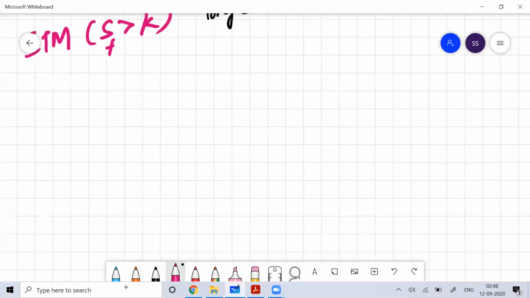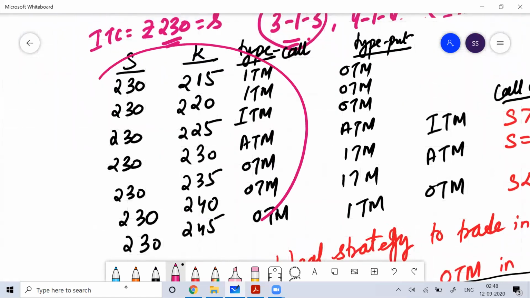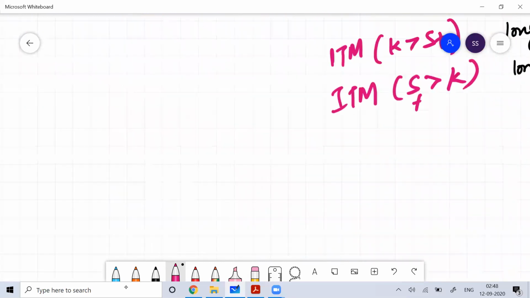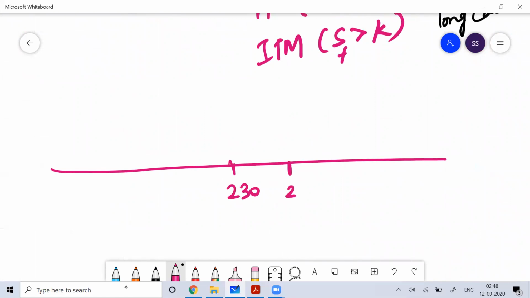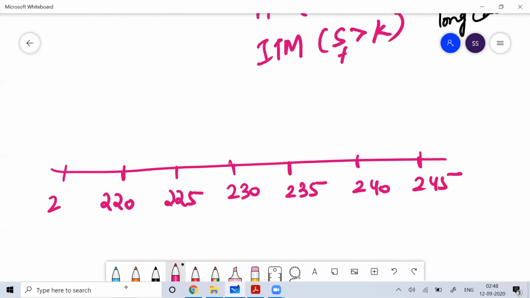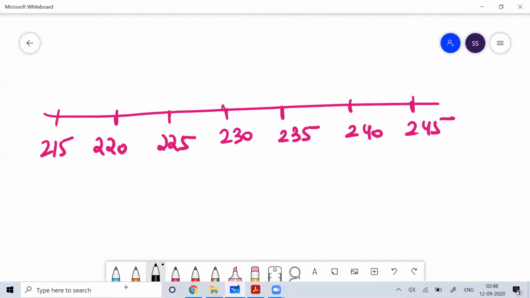Now the problem here is, as I give you this as an example, you have to understand this part. Suppose the stock is 230 rupees, and you can choose a strike price of 235, 240 or 245 rupees. Whenever you are taking a call option or put option, you can choose here 225, or 220, or 215. Guys, this is a very important thing.